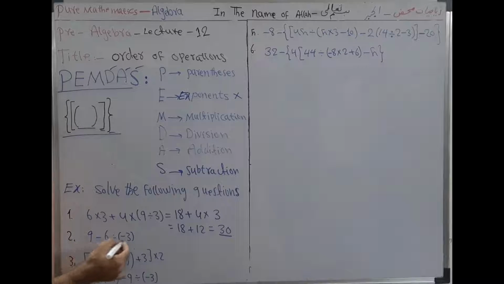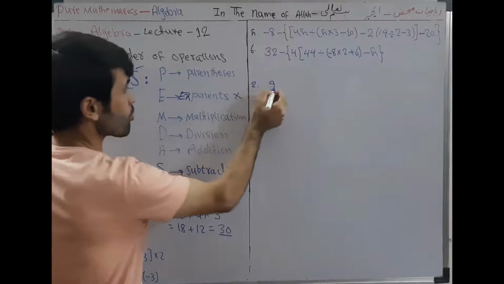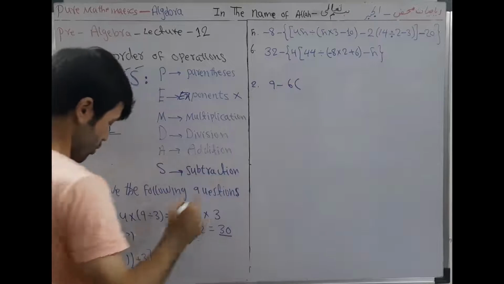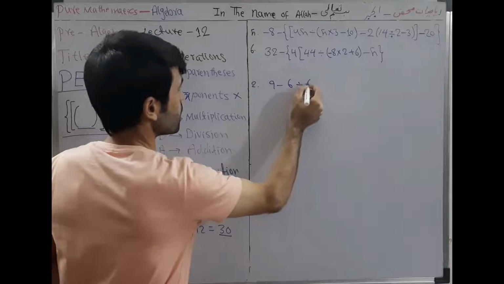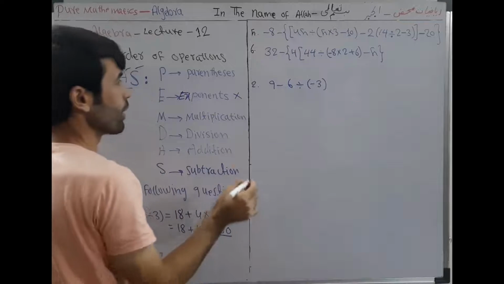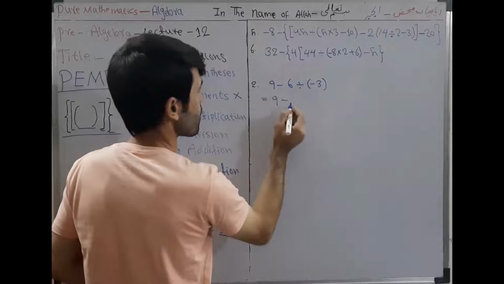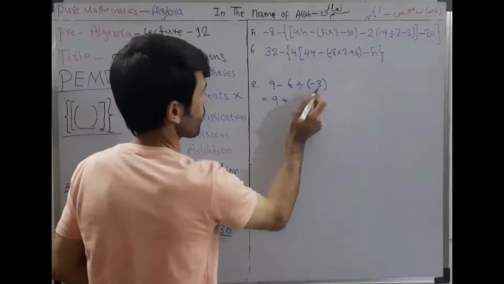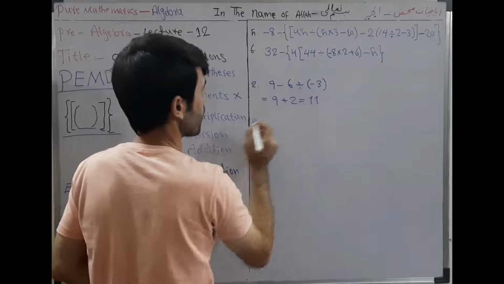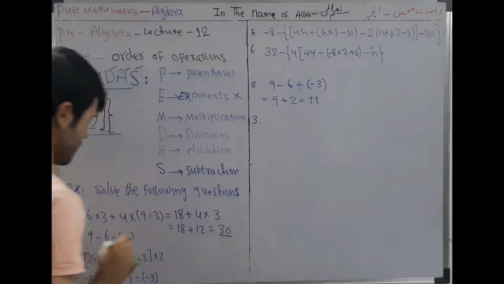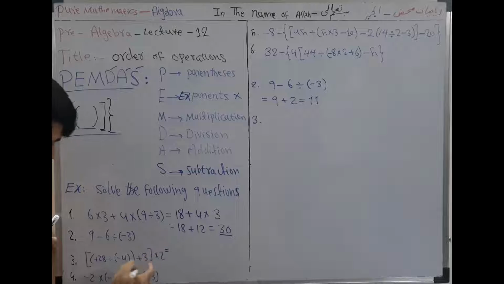Next, we want to solve number 2. 9 minus 6 divided by minus 3. It is equal to 9, minus divided by minus gives plus, 6 divided by 3 is 2. 9 plus 2 is 11. It is equal to 11. Number 3.